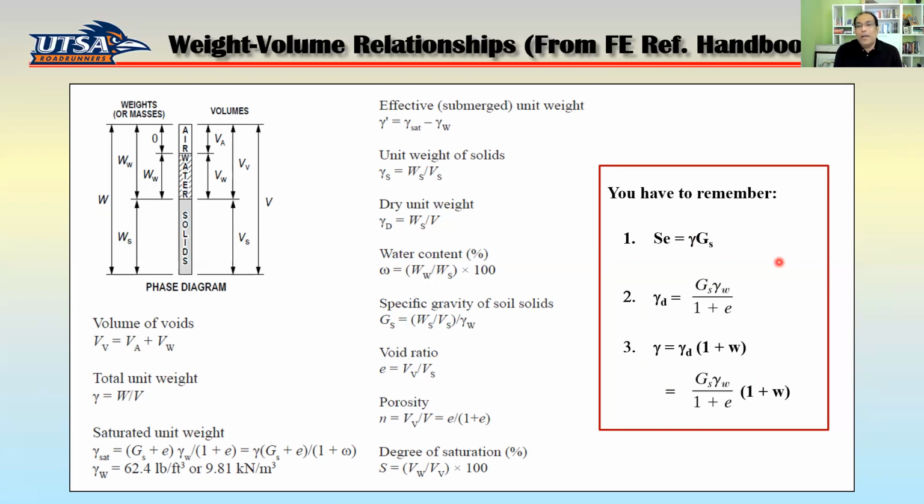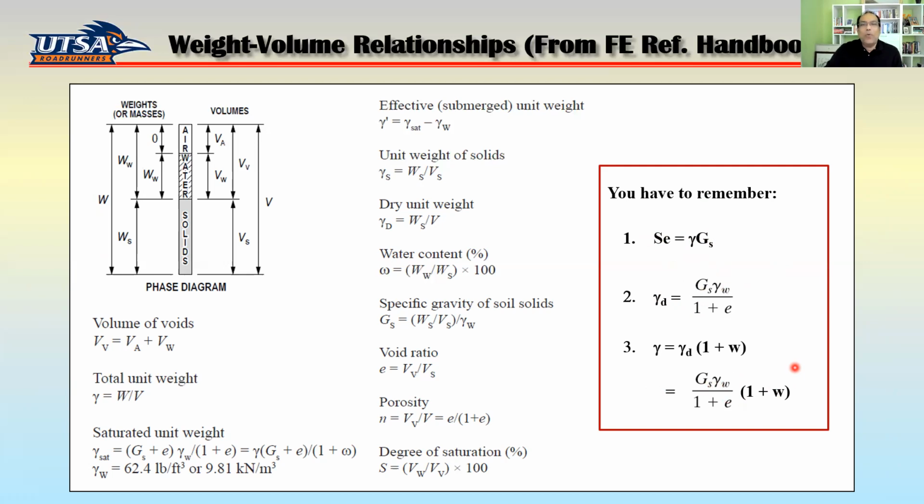Then your gamma D is GS gamma W divided by 1 plus E. And you already know the relationship: gamma is equal to gamma D into 1 plus W. So if you plug the value of gamma D here, you get gamma equal to GS gamma W divided by 1 plus E, into 1 plus W. So you have to remember these three equations, and if you can remember them, you will be able to answer all the questions.